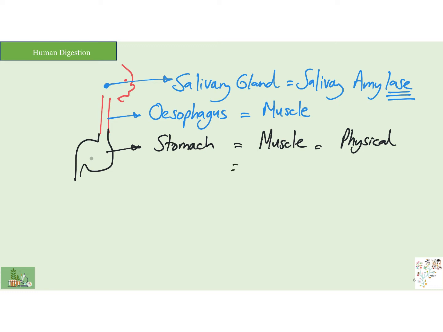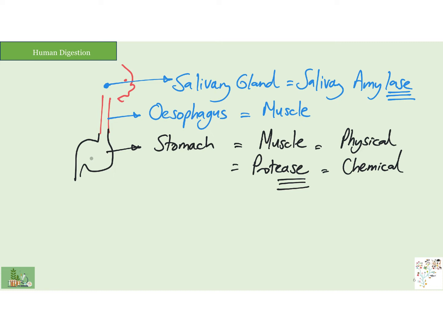However, its most important role is to start the process of chemical digestion, where it's beginning to break bonds. So in chemical digestion, it produces a protease. Again, it ends in ASE, so it must be an enzyme. So it produces the protease enzyme. So it starts to break down proteins into smaller proteins, which we'll look at in a second. And that is a form of chemical digestion.